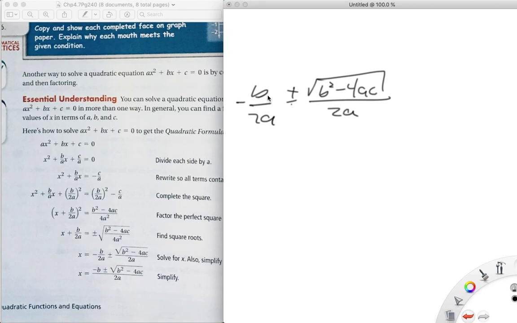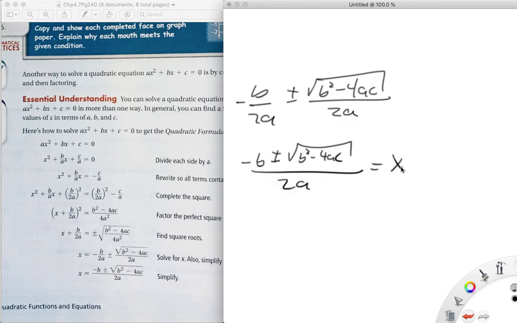And then we combine it because the denominators are the same, and we can say negative b plus or minus the square root of b squared minus 4ac, all of that over 2a.